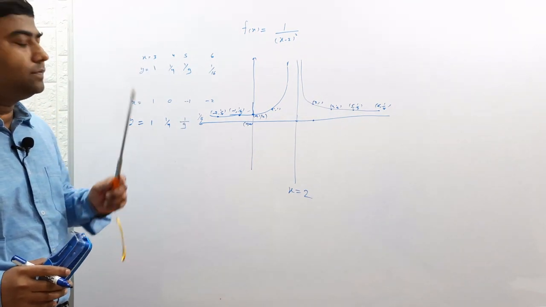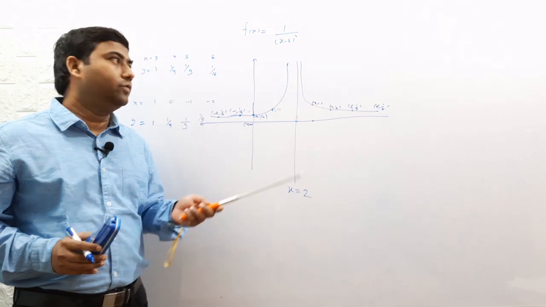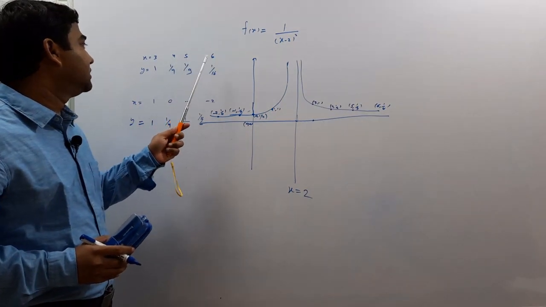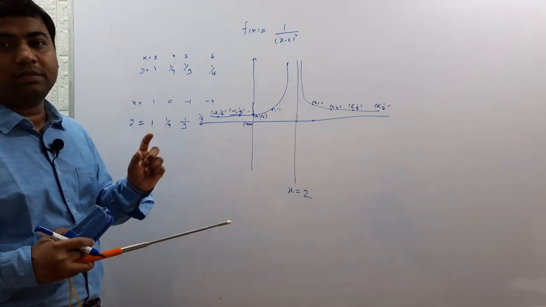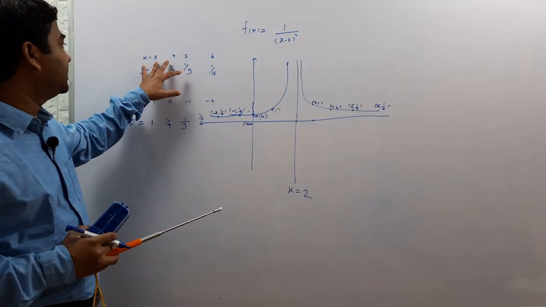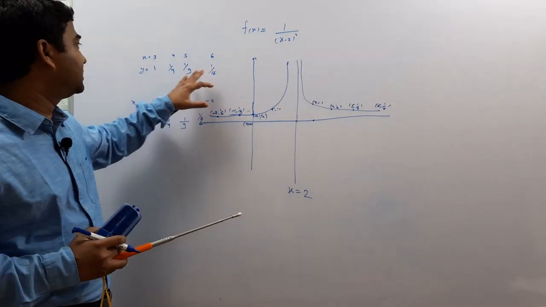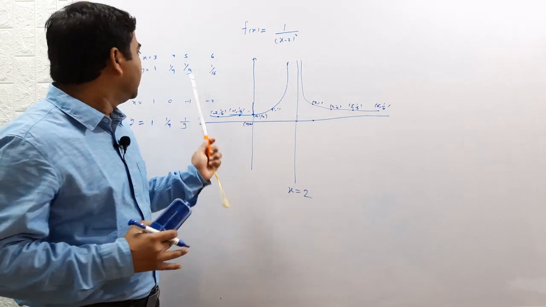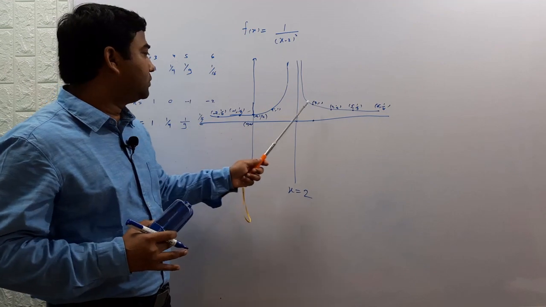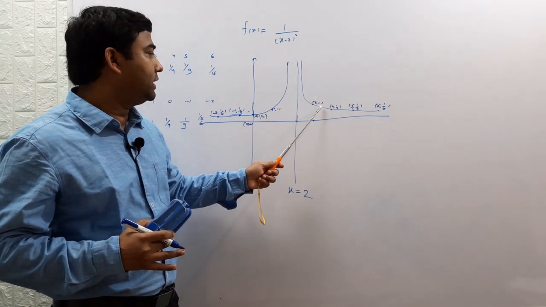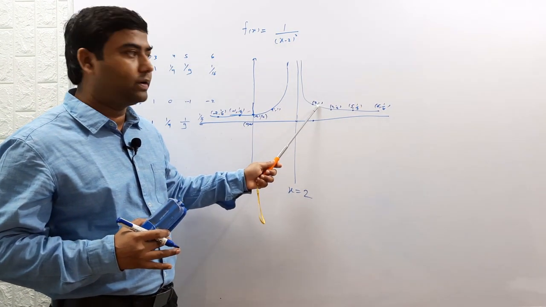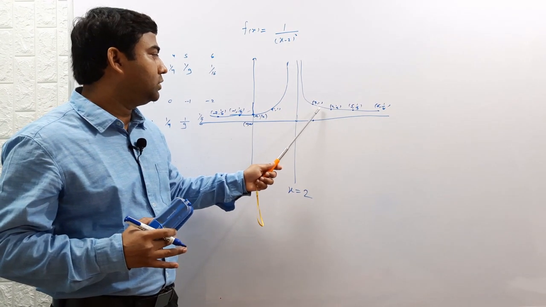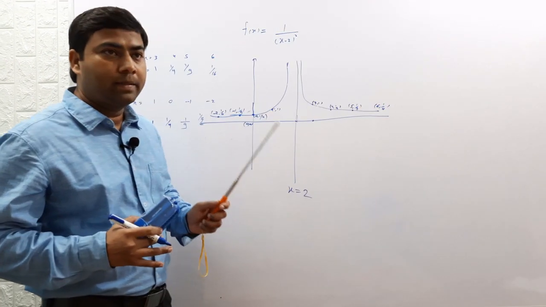The shape of the curve will be more and more accurate when you find these intervals lesser. When you decrease the interval between these values of x, you will find closer points. For x equal to 3 and 4, suppose you calculate y for x equal to 3.5, or you calculate y for x equal to 3, 3.1, 3.2, 3.3, 3.4.